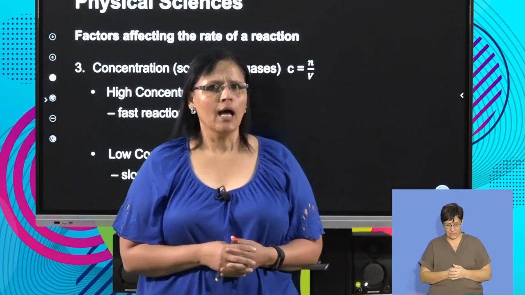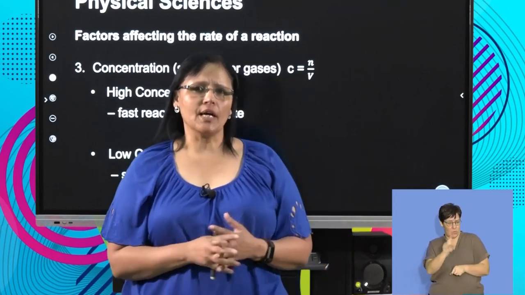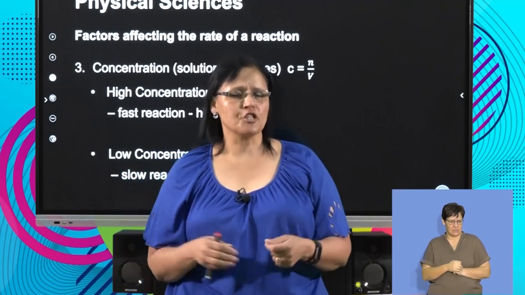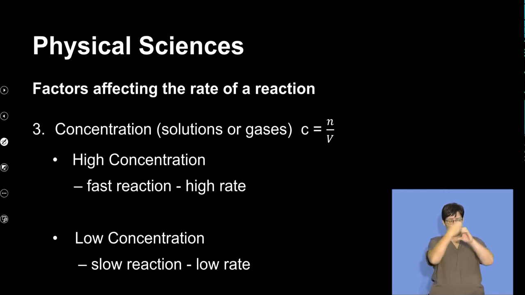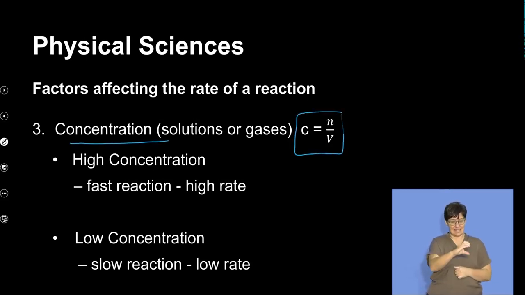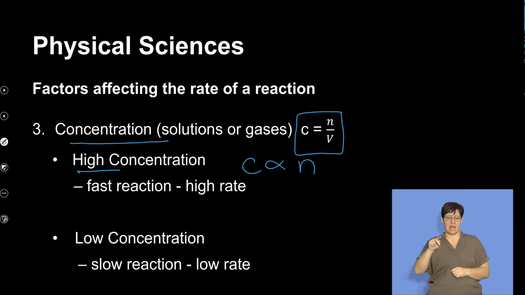Another factor that I want us to look at is, what does concentration do in the macro view? In the macro view, we know that concentration, according to our chemistry formulas learned to date, is the number of moles per volume. Because concentration is directly proportional to the number of moles, a high concentration will have a high number of moles.